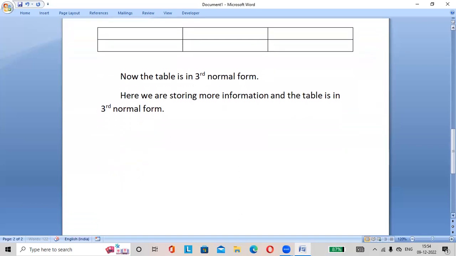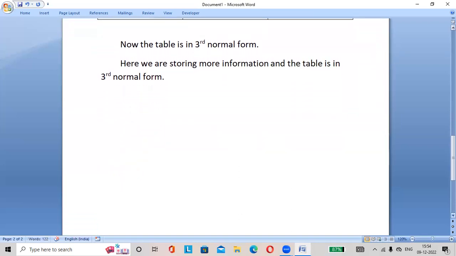Next normal form is Boyce-Codd normal form. Boyce-Codd normal form is also known as BCNF.